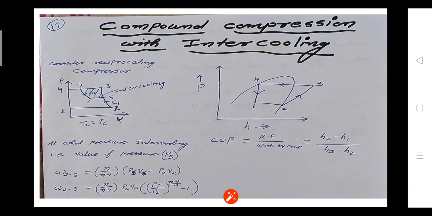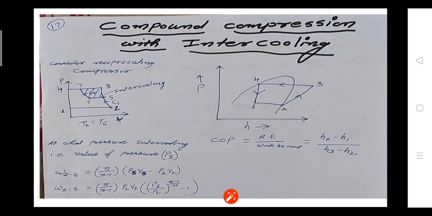We know that the COP of the refrigeration system or the VCR cycle is equal to the refrigerating effect upon the work required for the compressor. If the work required for the compressor is reduced, the COP is increased. From this formula, RE upon the work done by the compressor, the enthalpy difference H3 minus H2 is reduced because of this compound compression with intercooling.